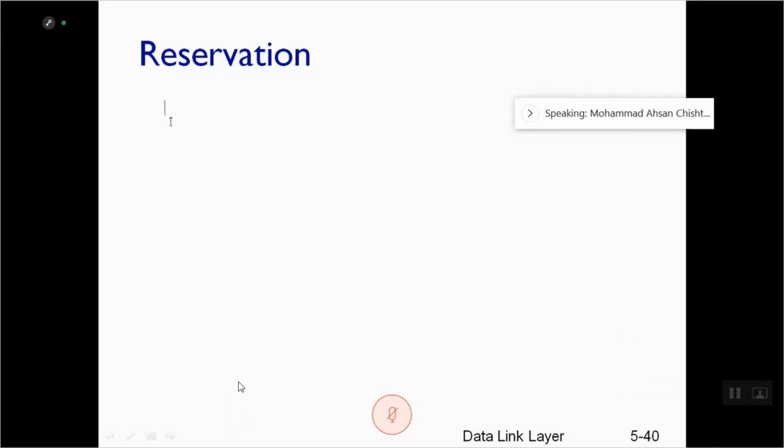And in this case, what do we have here? We have a reservation system in which a station needs to make a reservation first before sending data.